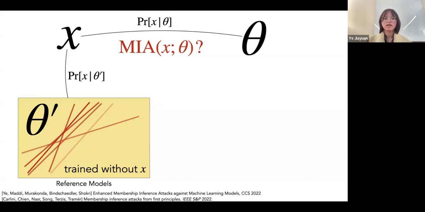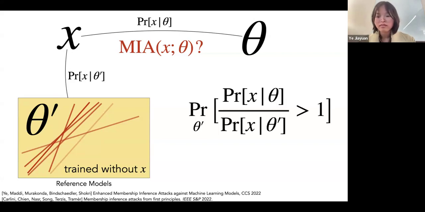So this eliminates the cases we discussed earlier, because if X is an outlier point, we will know that both of them are high, but the probability will probably be higher when X is in the training data set than not. So it gives you the correct comparison baseline for this hard data point X.